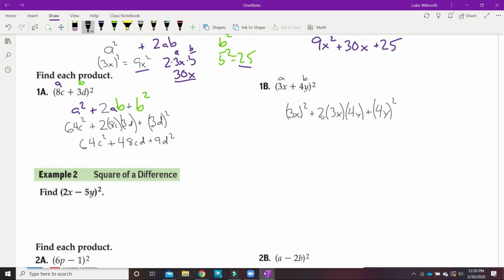So a squared plus 2ab plus b squared, we get 9x squared plus 12 times 2 is 24. I've got x and y in this term. And then finally 16y squared. That's our answer. All right, so that's it for those problems.